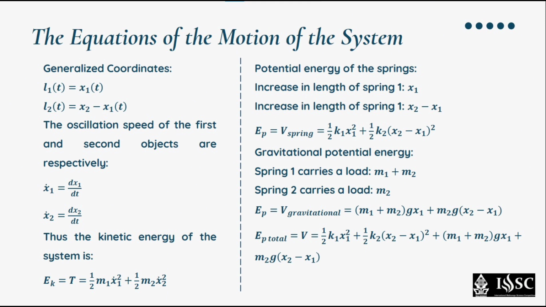V potential total equals half k1 x1 squared plus half k2 (x2 minus x1) squared minus (m1 plus m2) g x1 minus m2 g (x2 minus x1).